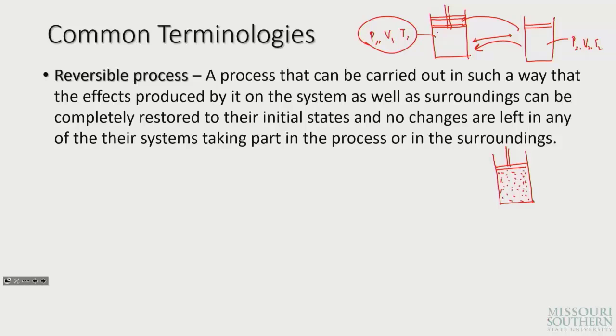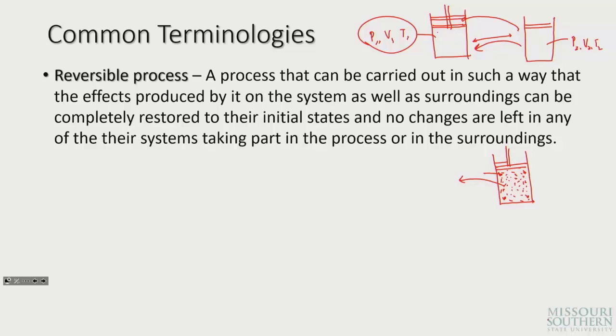When you do it rapidly, you will have some set of values at this point and some other set of values at that point. Then the system won't be in equilibrium, and if you want to take it back to the same state, that won't be possible. That's why you need to do it very slowly, so that at each and every point in the system you have the same values of the thermodynamic variables.